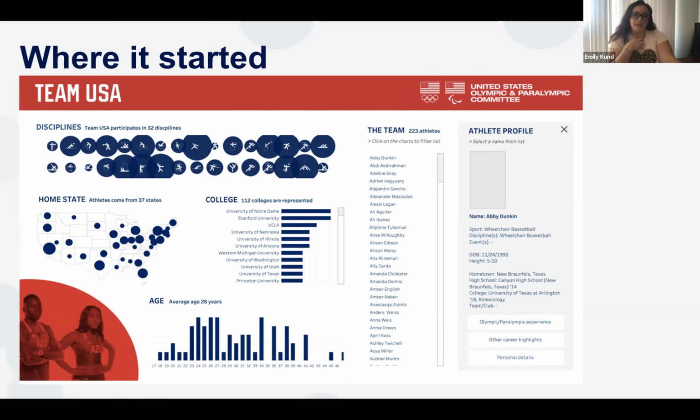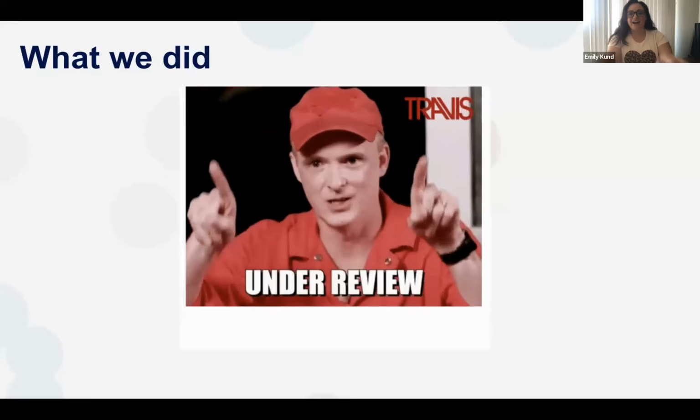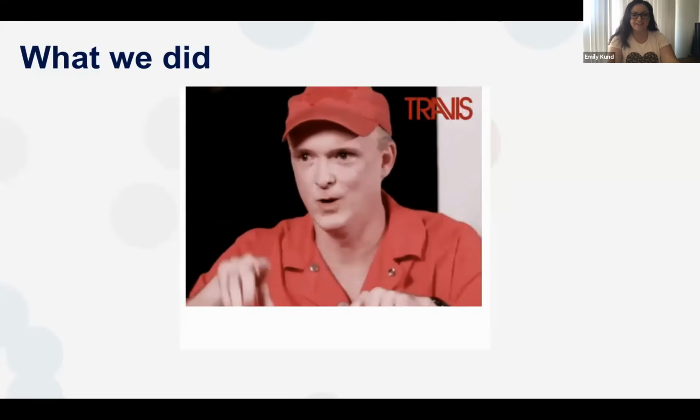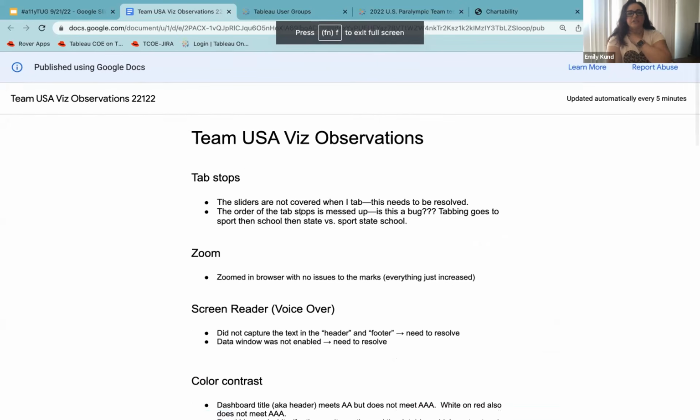I told you how I became involved, and what I did in my involvement at first was to assess it, give Tableau an idea of how accessible this visualization was, and some things that perhaps needed to be addressed. So what we did, I reviewed it. So it was under review. And I have here some of my observations.